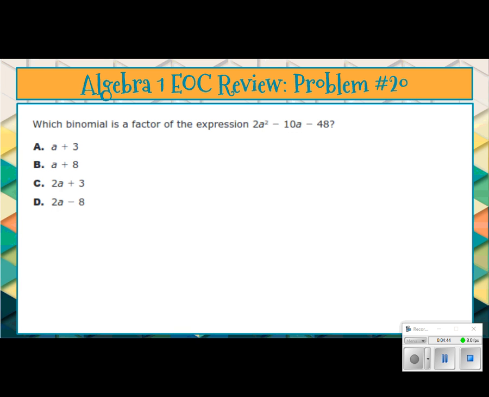All right, they're wanting you to factor, but they're not giving you both binomials. I do notice, though, that I see a greatest common factor of 2, so I'm going to want to pull that out. Then I want to find two numbers that multiply to give me negative 24 and add to give me negative 5.